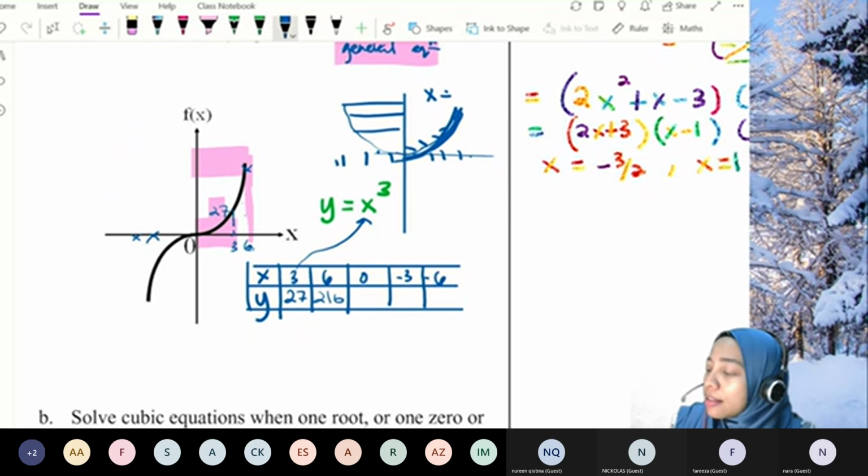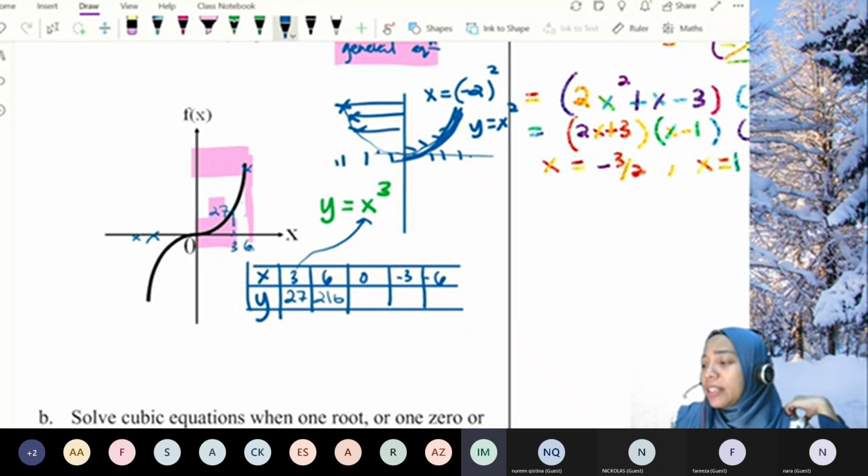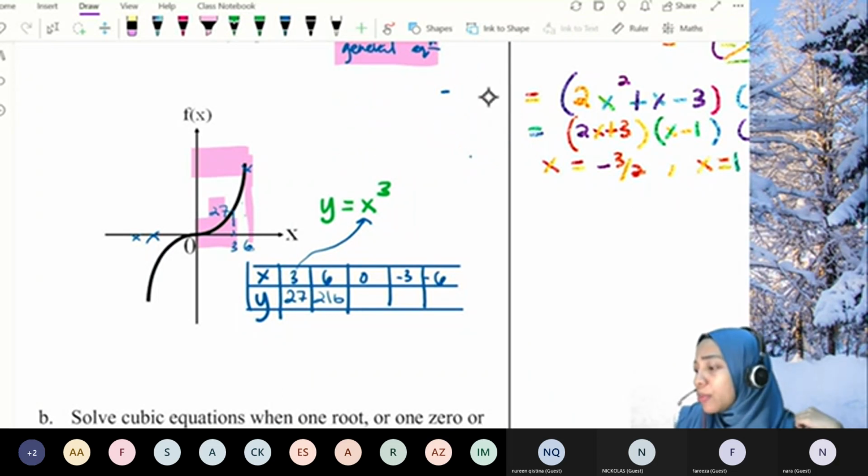Contoh kalau quadratic function y equals to x square, x equals to -2, when you square, -2 square you dapat 4, positif, betul? Betul tak dekat sini y you positif? Betul. Okay, but then when you are given x cube, your x is negative, it will give the y is negative number as well.